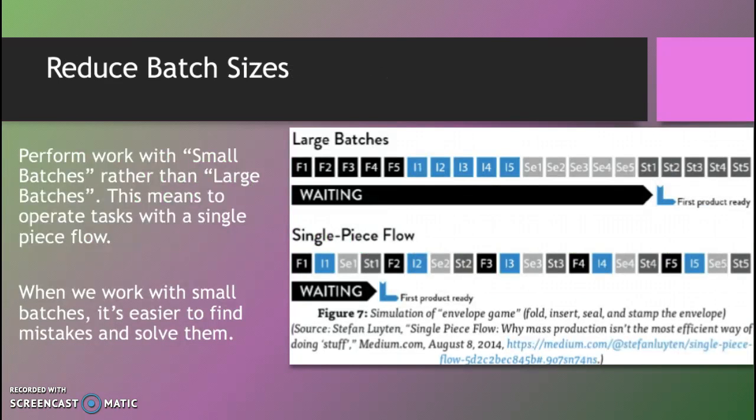Reducing the batch sizes, as you can see in the slide. It's like manufacturing: when you're on the line building a circuit board from step one to the tenth, you want to do one step at a time. If you find a mistake, you want to fix it.